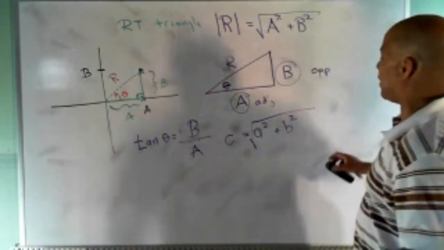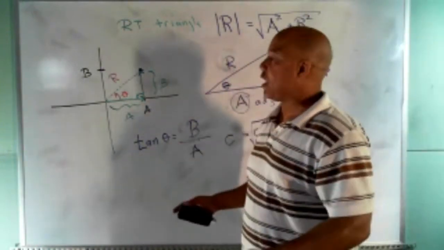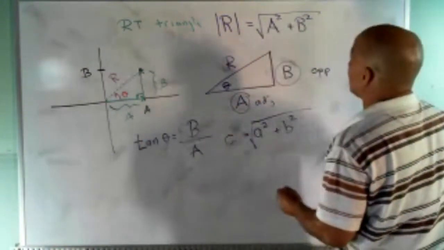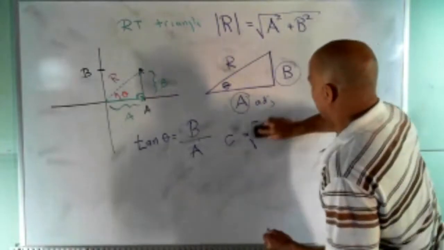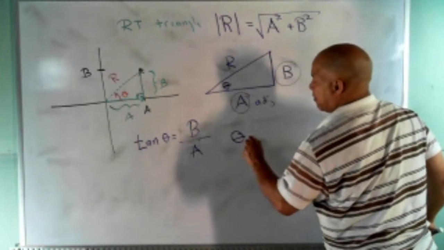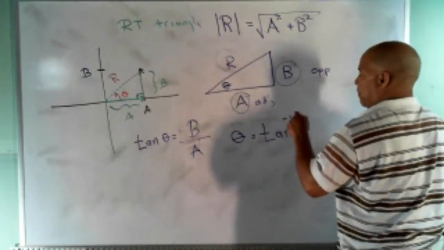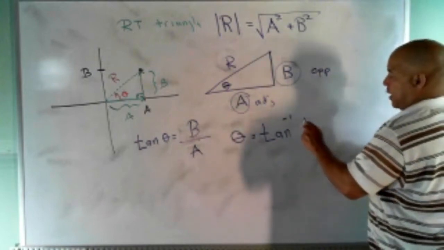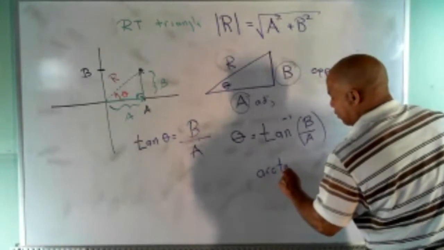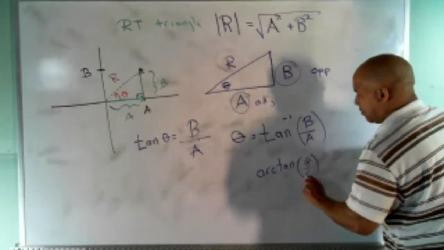So if you remember from trig, how you get the actual angle, well, you've got to undo the tangent. That's called the arc tangent or inverse tangent, and they usually show that like this. Let me put it right here. So the angle is going to equal the inverse tangent of B over A. Sometimes they call that the arc tangent, which I like a little better, of B over A. That's an older name.